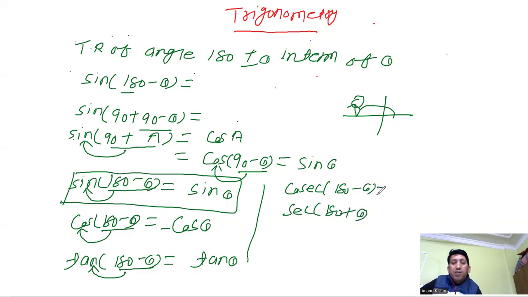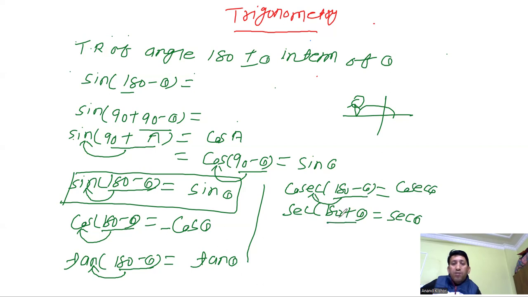Very easy it is. Remains the same, cosec theta and sec theta. But it is not correct. First of all, we have to see 180 minus theta, second quadrant, in the second quadrant cosec is positive. So it is positive, cosec theta as it is. So cosec 180 minus theta is cosec theta.